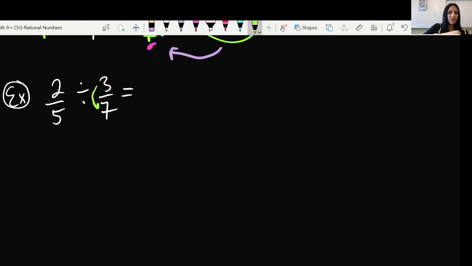The reciprocal is if we flip the top and the bottom. So another way for me to say this would be 2 over 5 times my flipped fraction. So instead of 3 over 7, I would say 7 over 3.